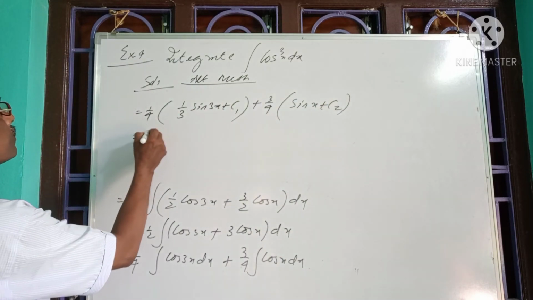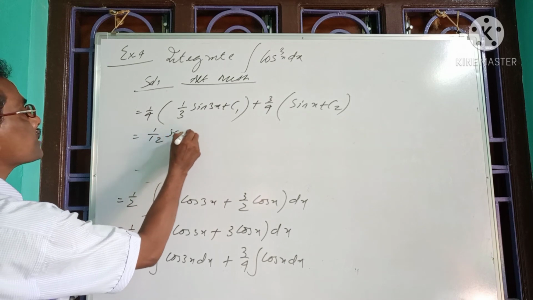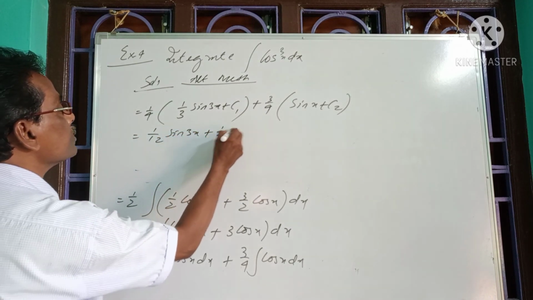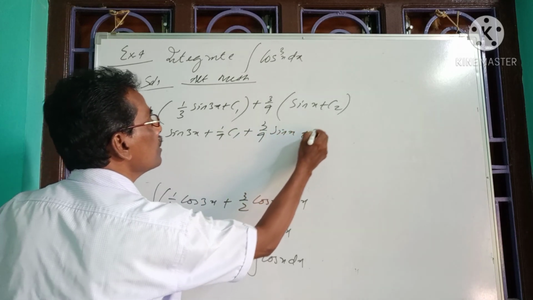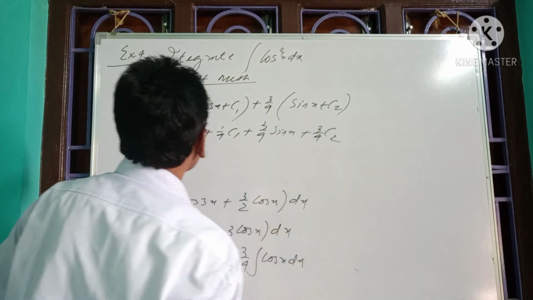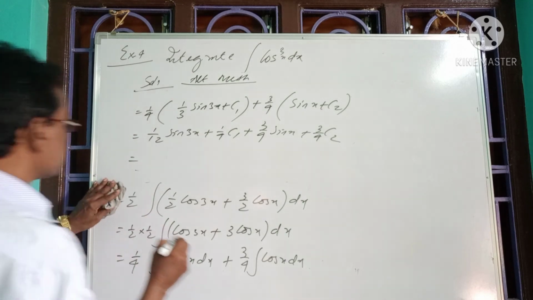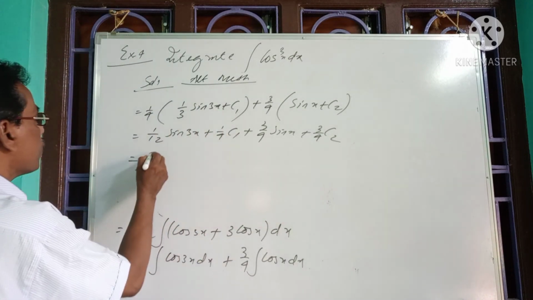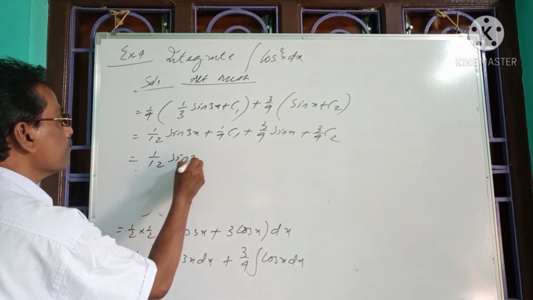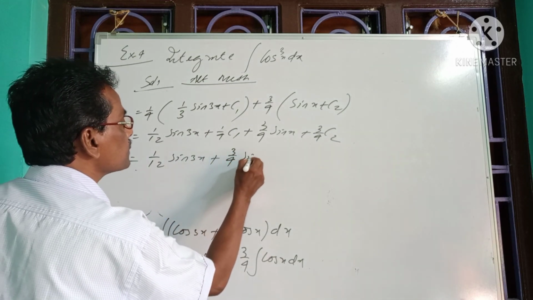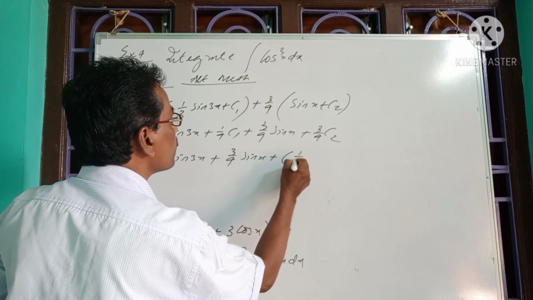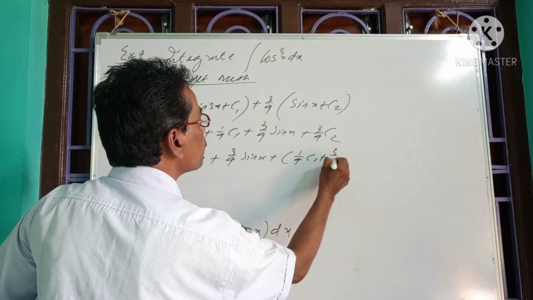Now simplifying, we have 1 by 12 into sin of 3x plus 1 by 4 into c1 plus 3 by 4 into sin x plus 3 by 4 into c2. So now collecting the constants and the functions separately, we have 1 by 12 into sin of 3x plus 3 by 4 into sin x, and collecting the constants, we have 1 by 4 c1 plus 3 by 4 c2.